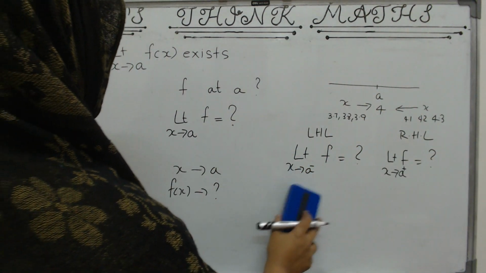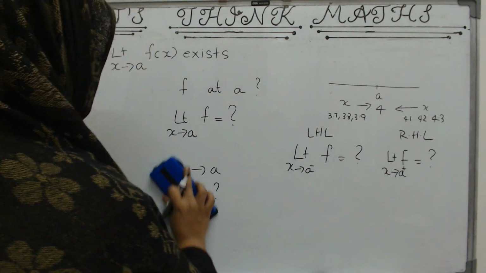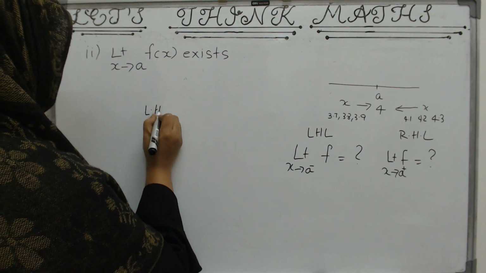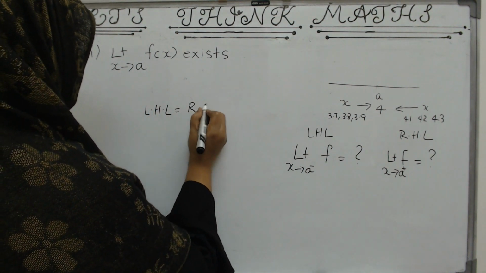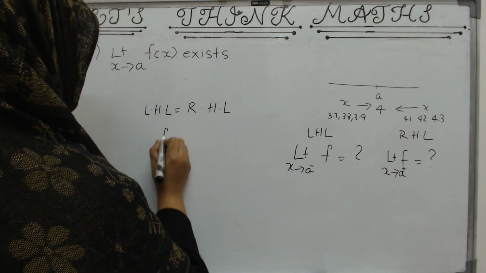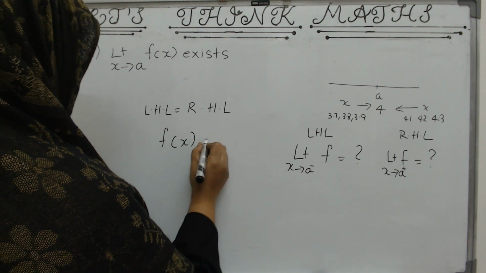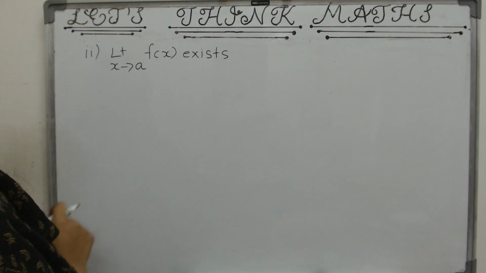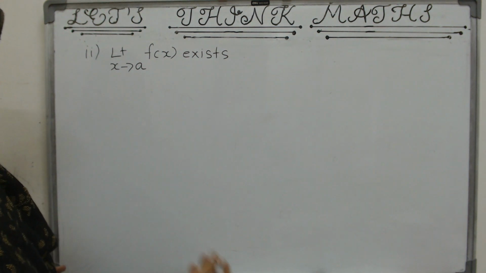So if these two are equal, if your left hand side limit and your right hand side limit are equal, then we say that the limit of f exists at a. Again, let us take examples where the limit exists and the places where the limit does not exist.